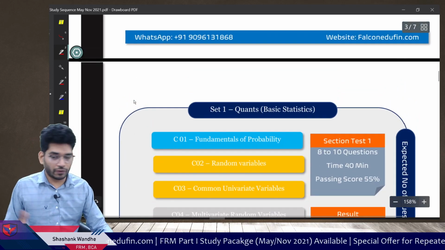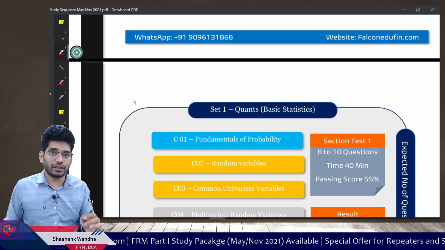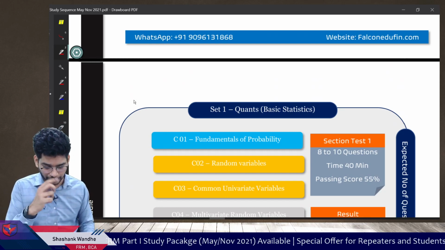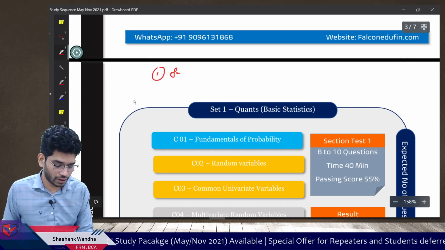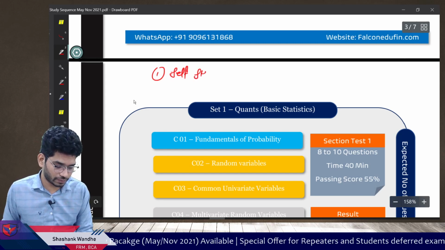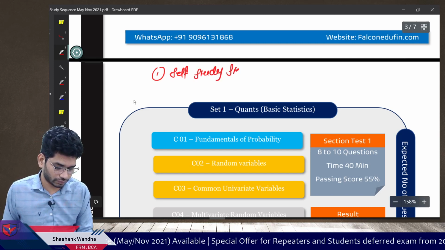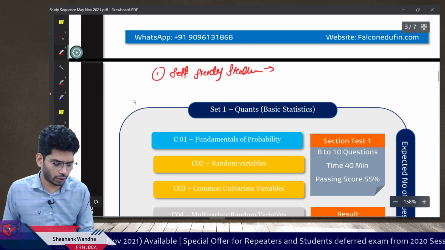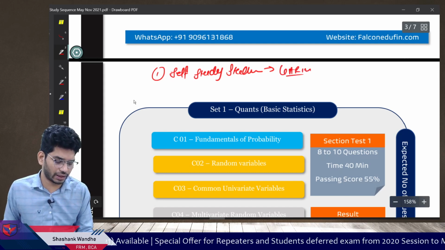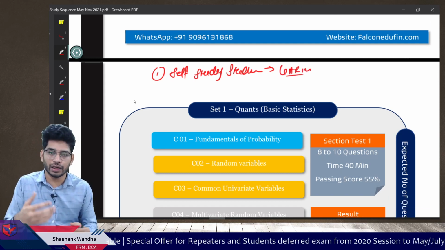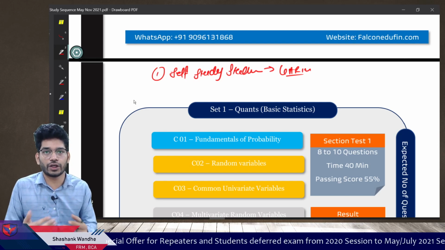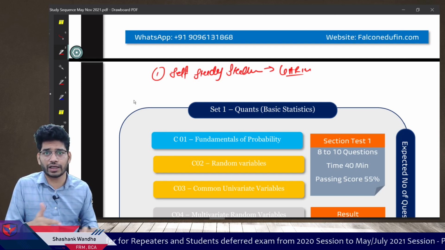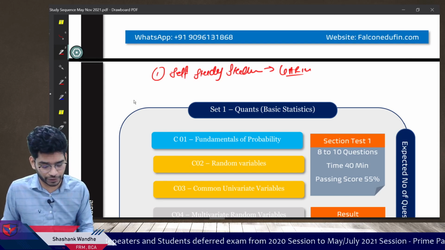Before we begin the specifics, let's understand for whom the self-study guide is applicable. First is, of course, self-study students who are following GARP or any other material and who are not specifically taking any tutorials, any video study packages or classes for the preparation.